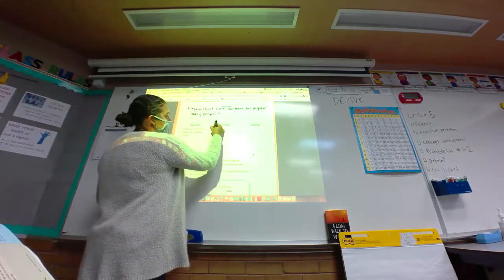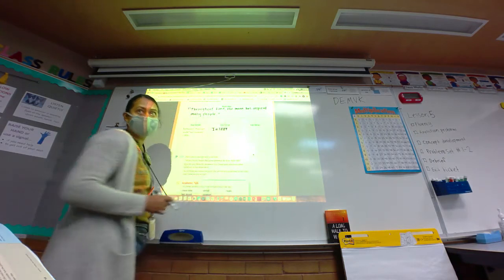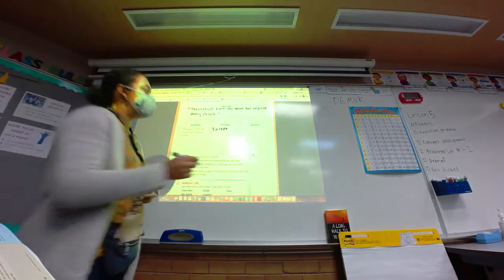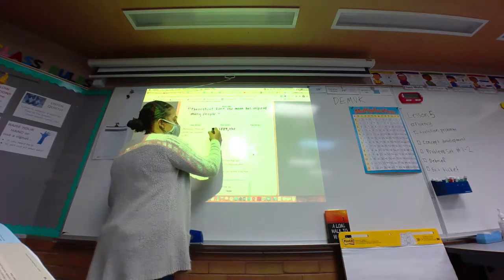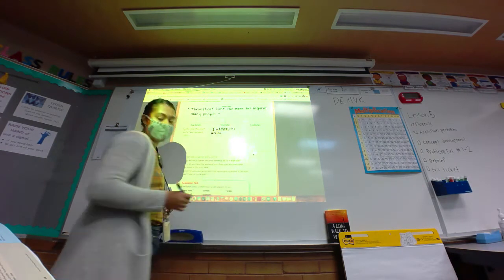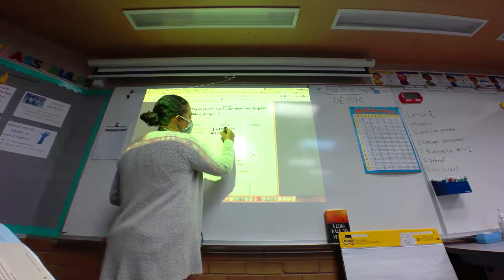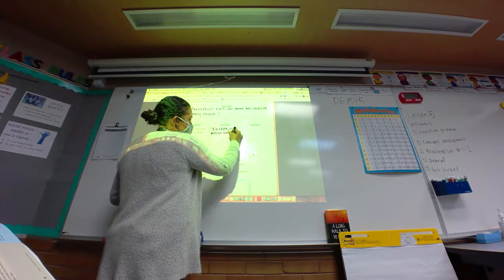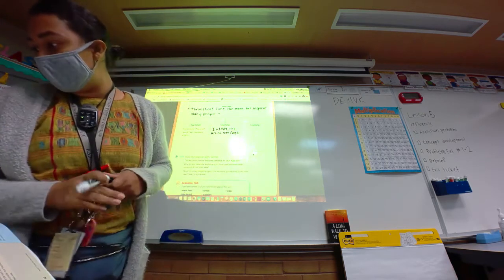So in 1889, comma, the artist, make sure you don't write too big because these bubbles aren't that big. The artist Van Gogh, it looks like it's spelled, it sounds Gogh, but it's supposed to go.